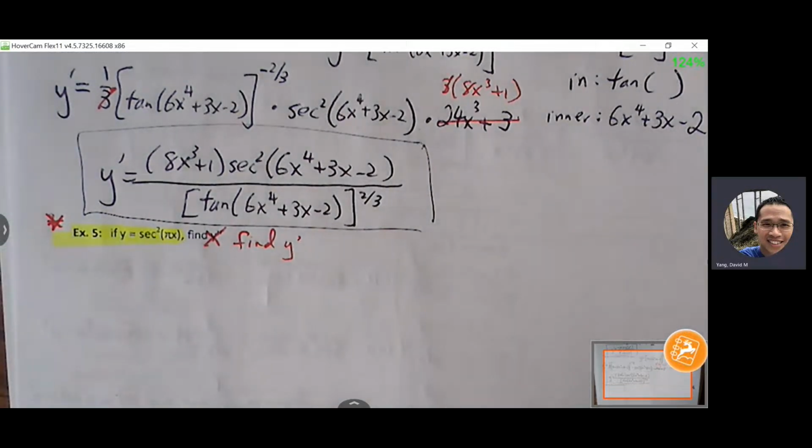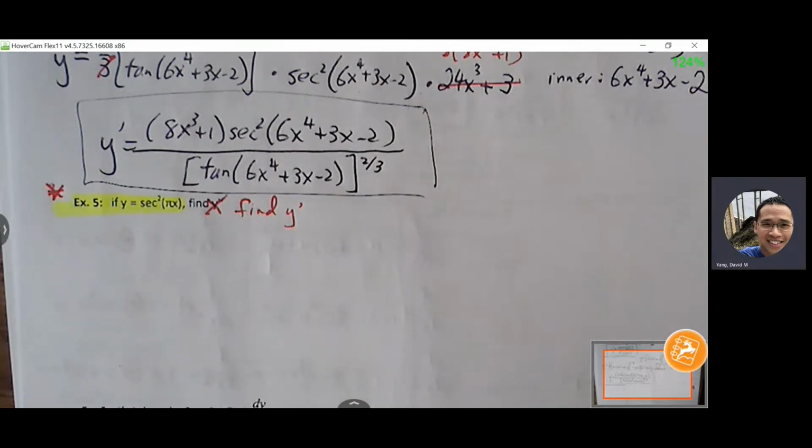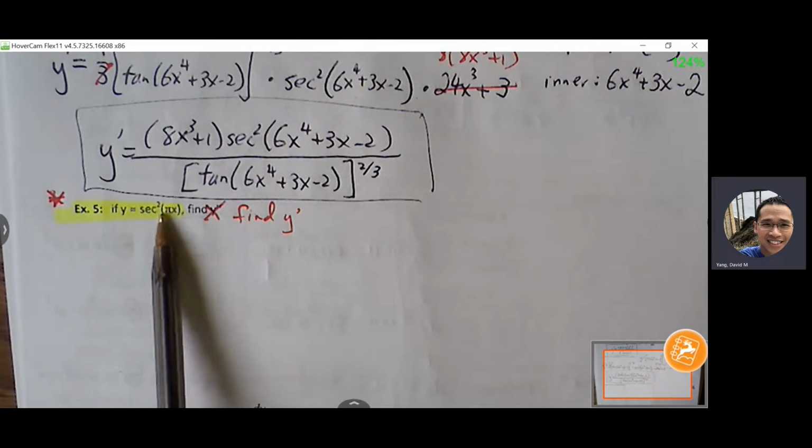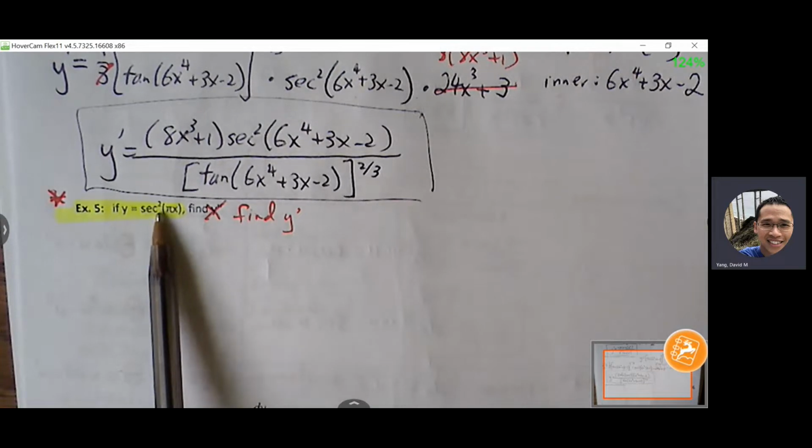Typically, when students don't take the additional step to rewrite it, that's when I see students miss the chain rule, because visually they're not seeing it. If you don't do it, it doesn't mean I'll take points off. If you get the right answer, that's fine, but I want to show you the pattern I've seen over the years, and it's a lot more helpful that this can be written in a better way.